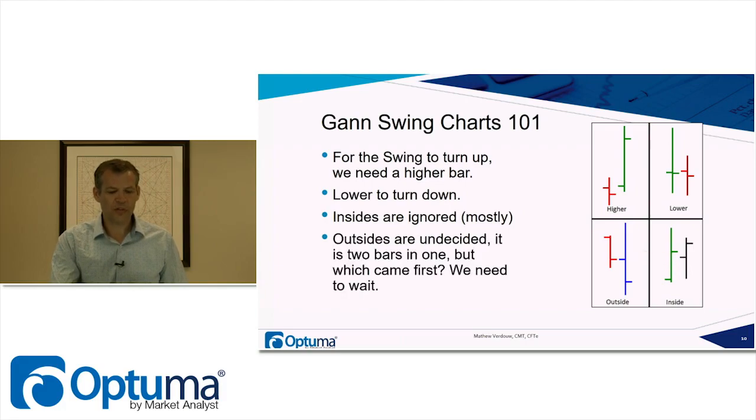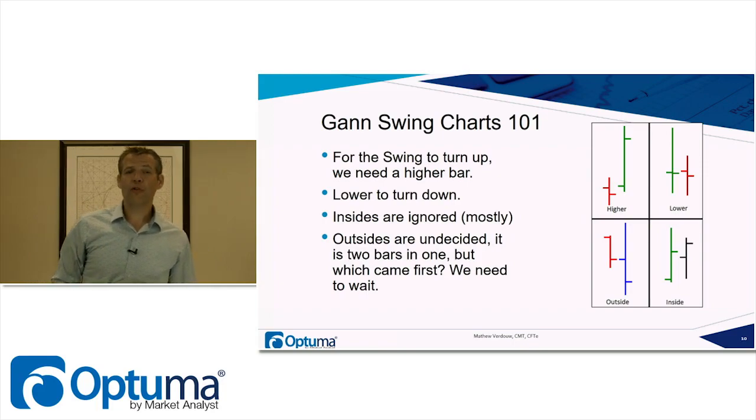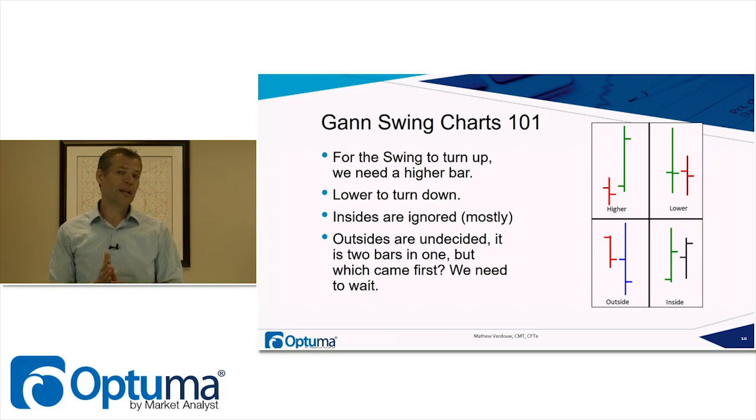And then, of course, the outsides are undecided. So there are two schools of thought on how to deal with an outside bar, because the way we treat it is that it's a higher bar and a lower bar in one. But we have to wait for the very next bar to decide which direction it is going to go.